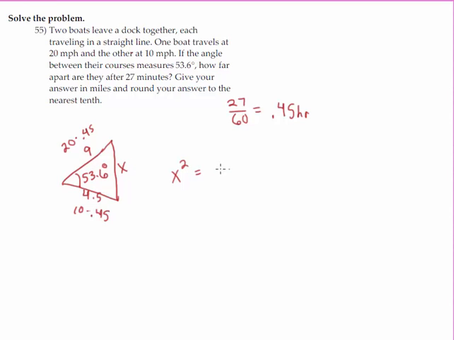So x squared will equal 9 squared plus 4.5 squared minus 2 times 9 times 4.5 cosine 53.6. And so we'll just type all this in and square root it when we're done. .293, and that would be miles.